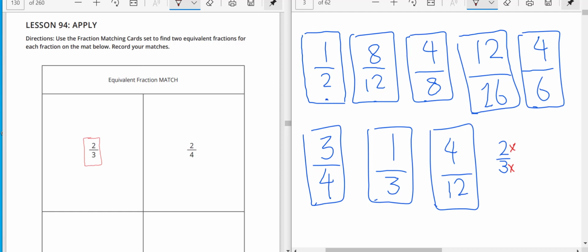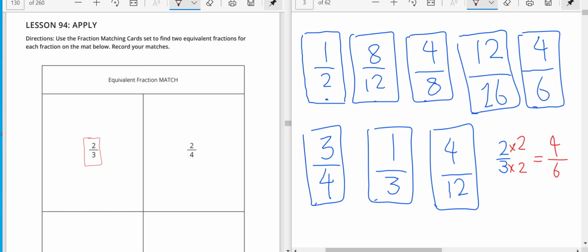For example, if we multiply by 2, 2 times 2 equals 4, and 3 times 2 equals 6. So 2 over 3 equals 4 over 6.